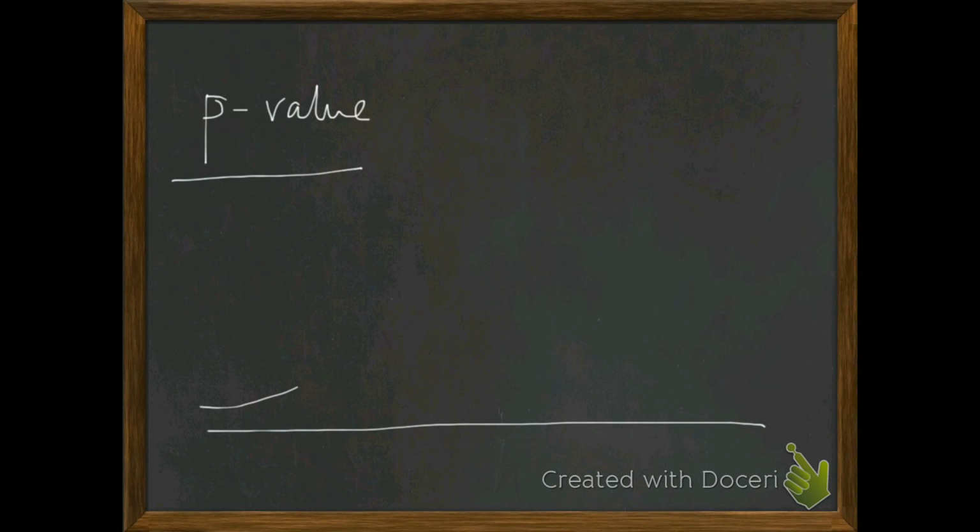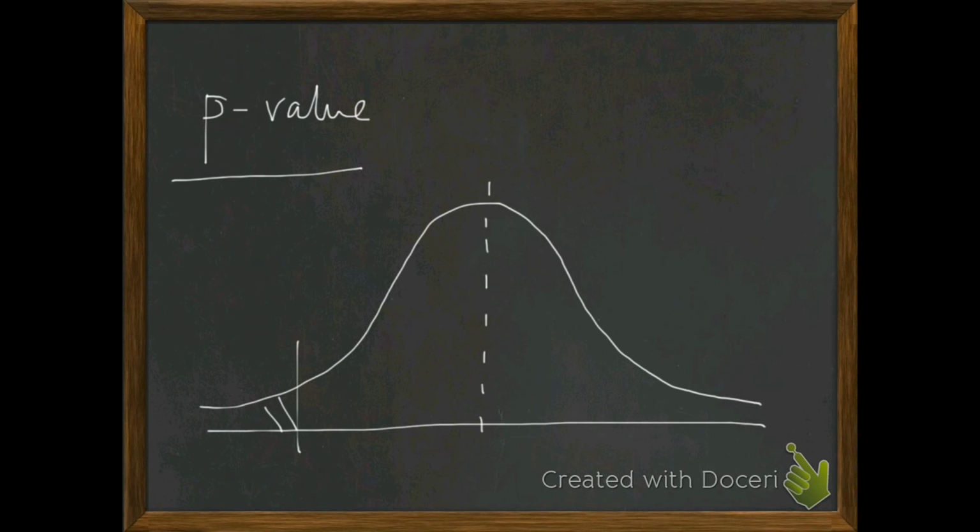Next thing we need to do is calculate the p-value. Well, guys, the p-value, the underlying probability distribution, since we're constructing a two-tailed test, going to put half of our rejection region in each tail of 0.025.